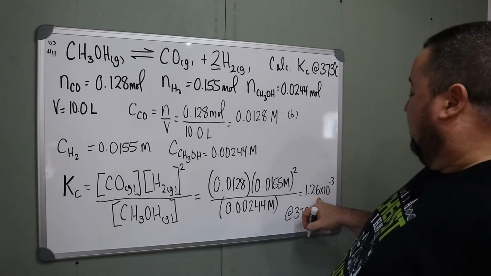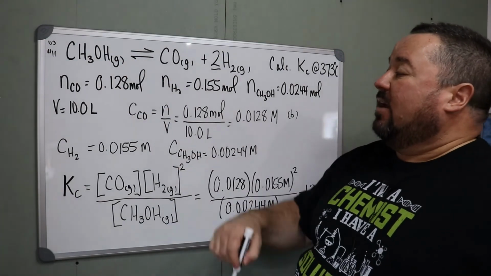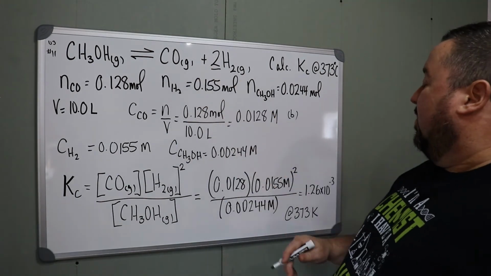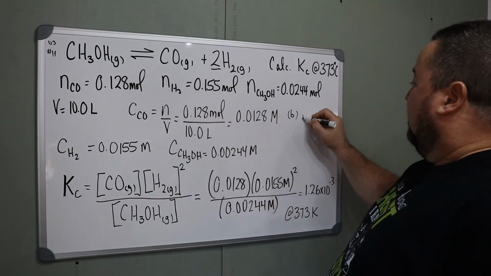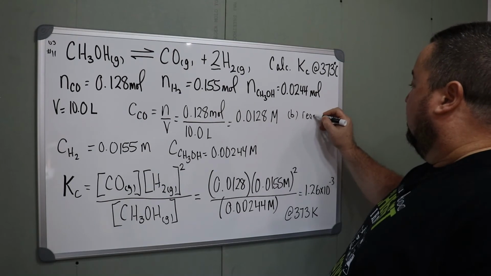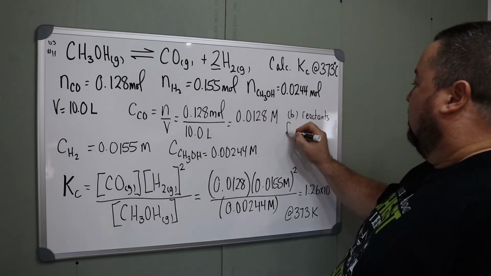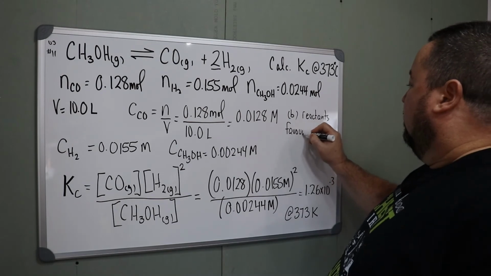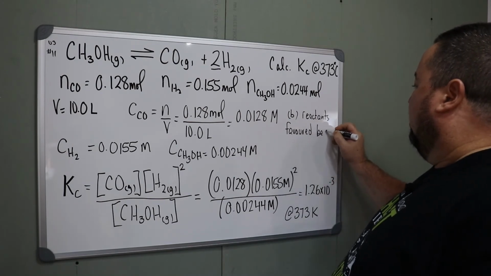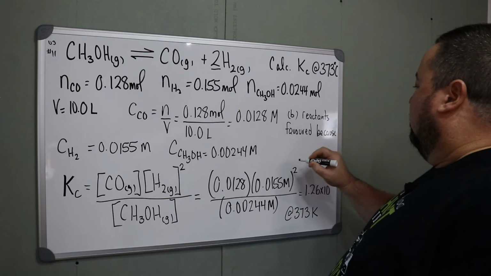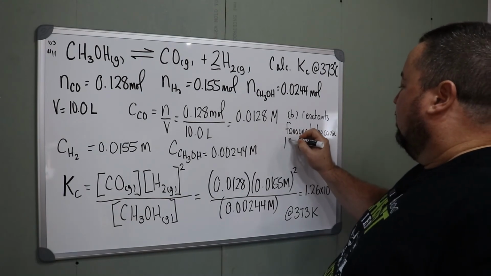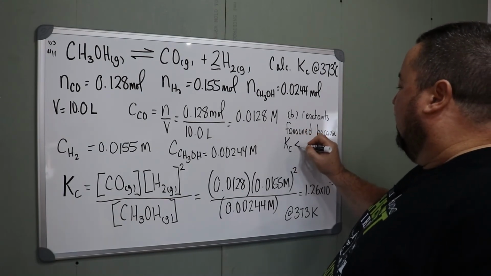So that tells us that there's mostly reactants, or reactants are favored at equilibrium and there's less product. So reactants favored because Kc is less than 1.